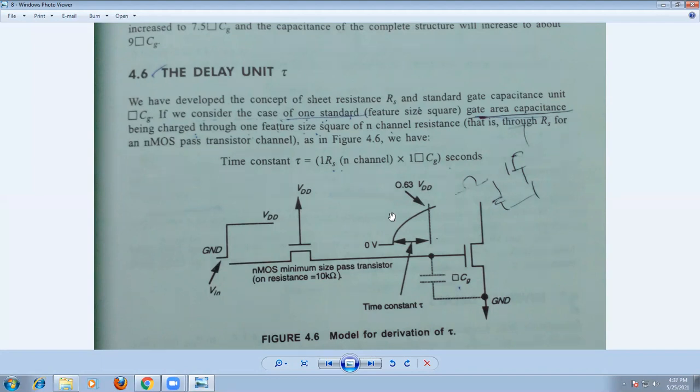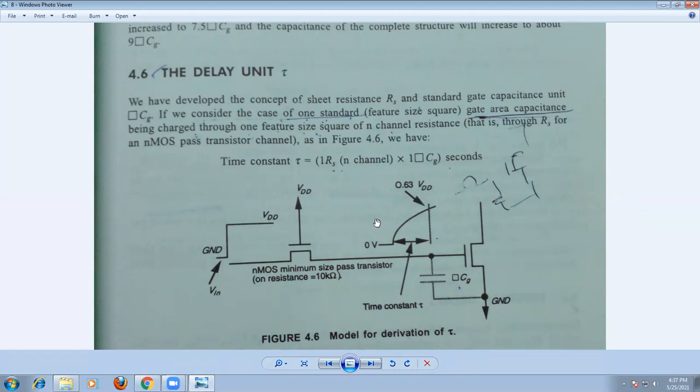The time constant is nothing but the product of the resistance and the capacitance. If any one value changes, either resistance or capacitance, the time constant will increase. If the time constant increases, automatically we can say that the delay will increase, right? So that means the delay depends upon the time constants of the network.